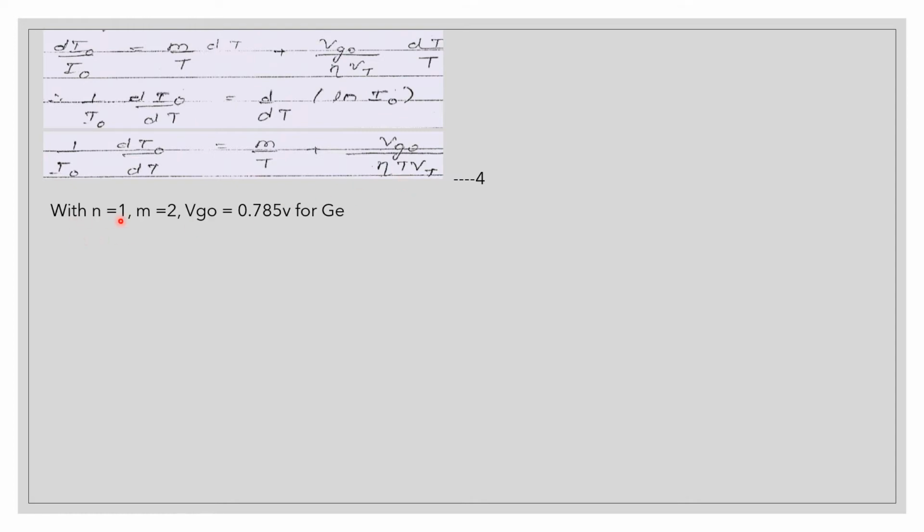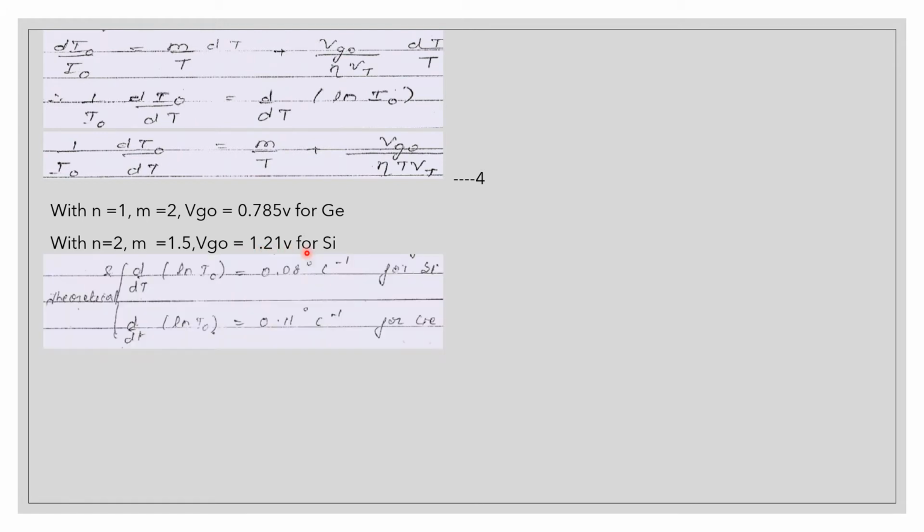With η = 1, m = 2, Vg0 = 0.785 volts for germanium, and with η = 2, m = 1.5, Vg0 = 1.21 volts for silicon, the theoretical values of d/dT of ln I0 are 0.08 per degree Celsius for silicon and 0.11 per degree Celsius for germanium.